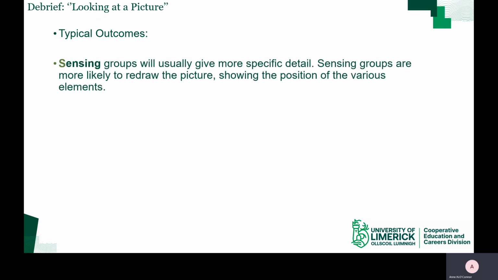The typical outcomes when we do this in class would be that the sensing group will usually give more specific detail of what they saw. The sensing groups are more likely to actually redraw the picture, showing the position of the various elements, and they'll begin to list an inventory of the objects that they recall.